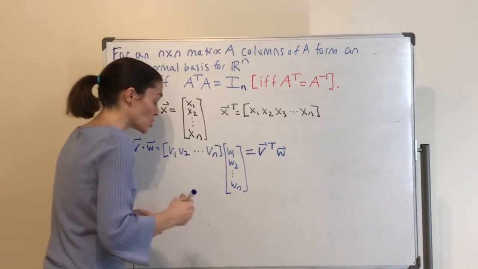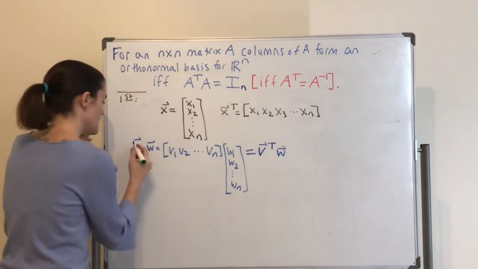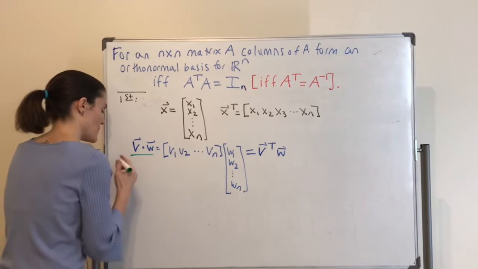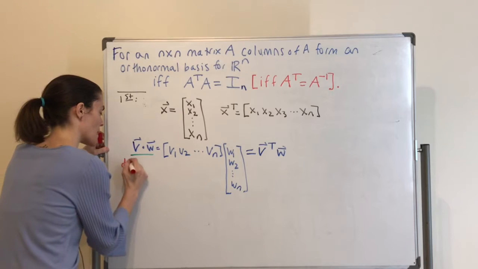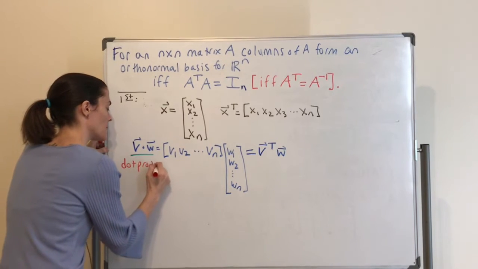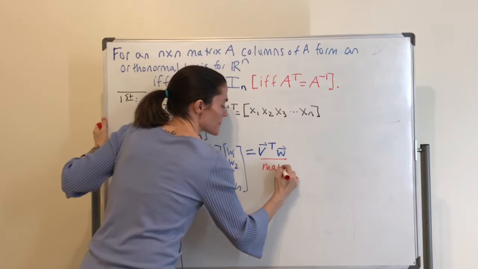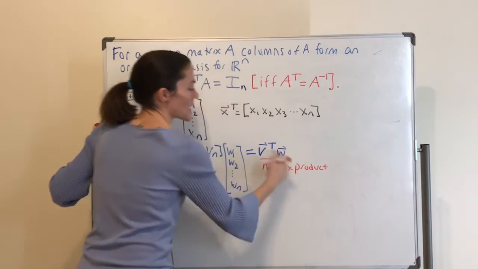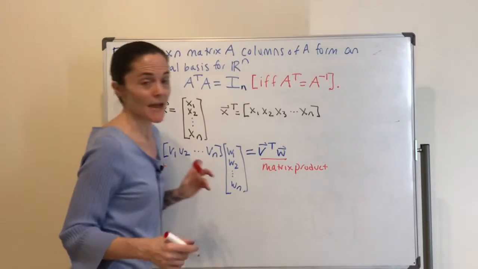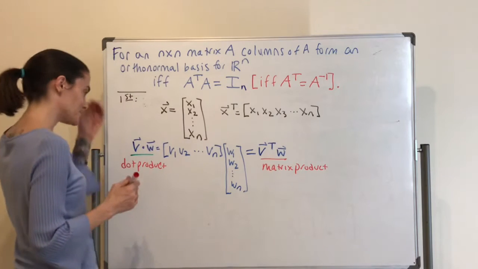And the important observation that we need to make from this is that this is the dot product, okay? But when we write it like this, we're really thinking about it as a matrix product, just writing V transpose times W, like you would write multiplying two matrices next to each other.